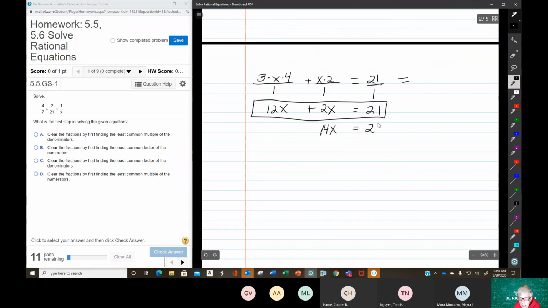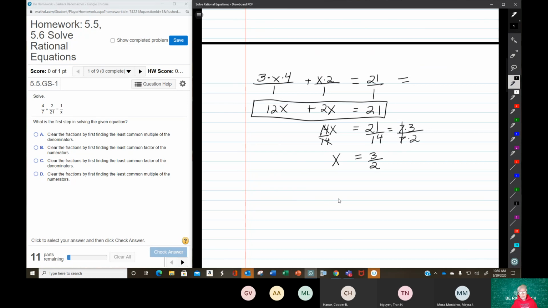Equals 21. I'm going to divide by 14 and divide by 14. I'll have x equals, well, 21 is 7 times 3 and 14 is 7 times 2. The 7's cancel, leaving me with 3 over 2.